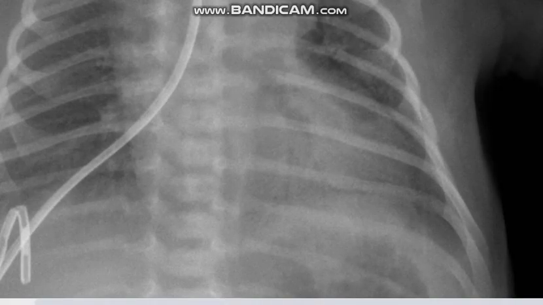This is the nasogastric tube folding on the end.